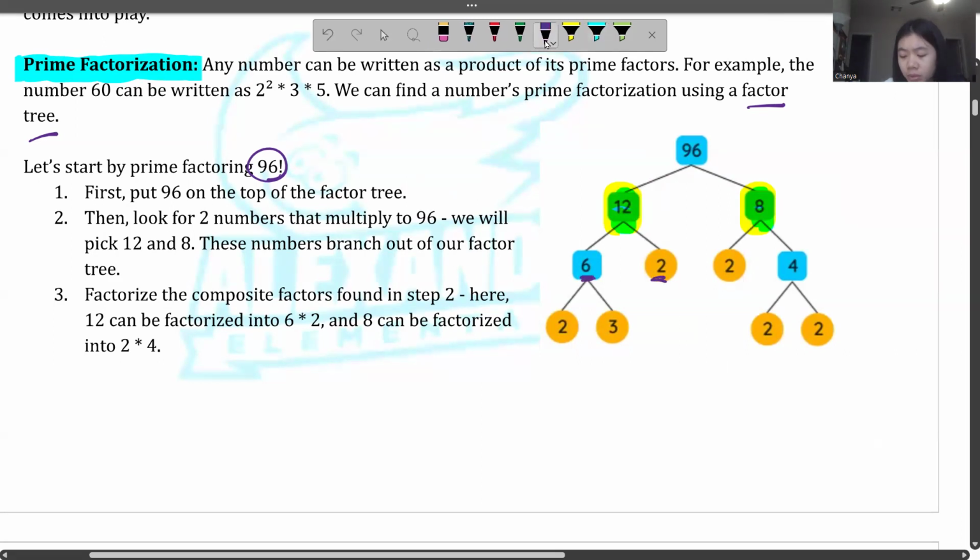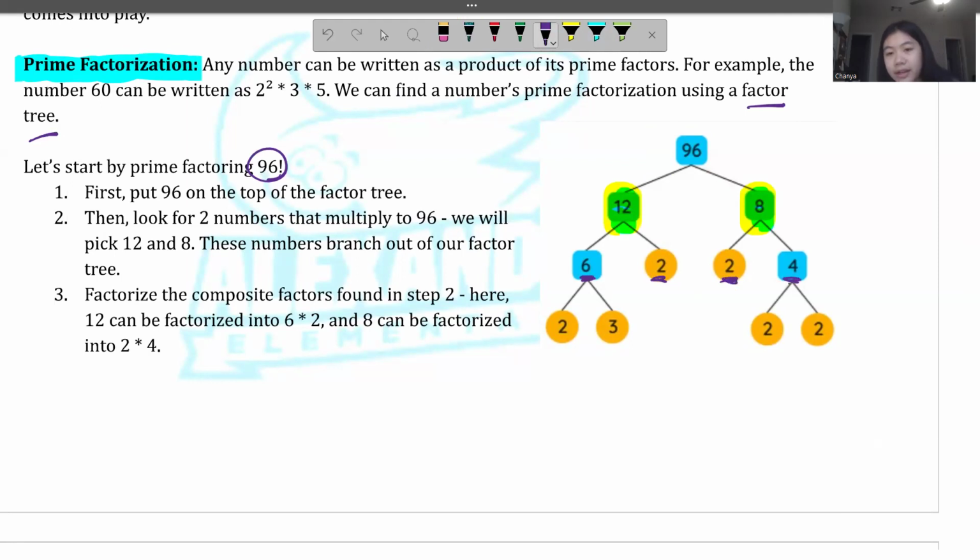Again, any two numbers will work, so 2 and 4 multiply to get 8. When I say any two numbers, I just want to clarify that they should not be 1, because if you do 8 equals 1 times 8, that won't get you anywhere in finding the prime factors. So you keep doing this process.